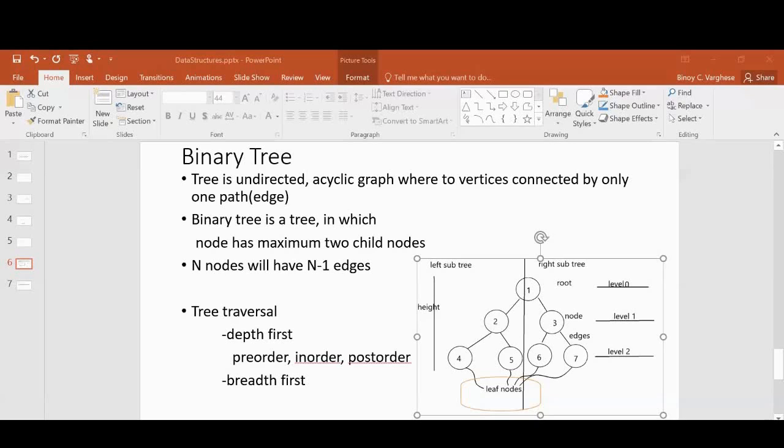Breadth first traversal is the level wise traversal. It will first visit the root node, then the first level nodes. At each level, the traversal is always from left to right. Then the next level, starting from 4, 5, 6, 7. That is what breadth first traversal means.